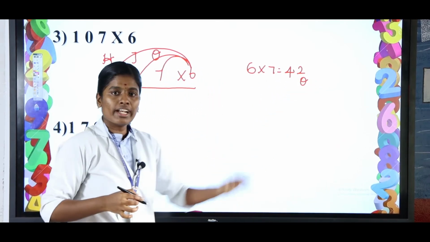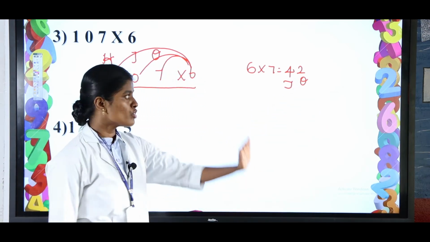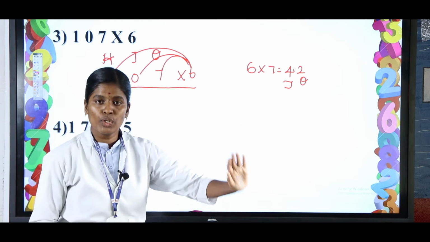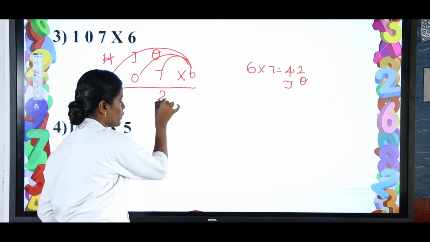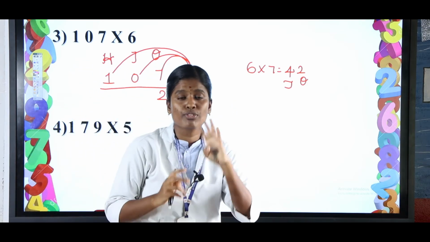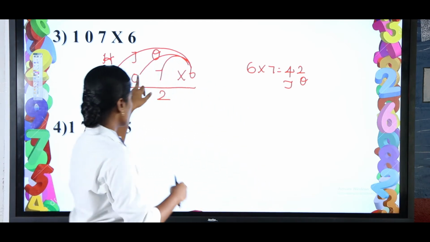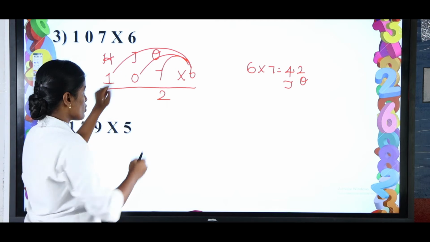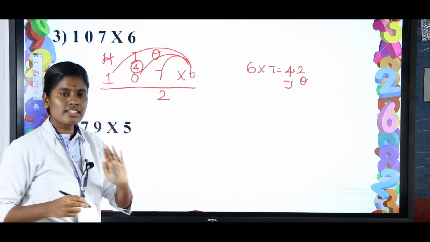So first you should write 2 under the ones column. And the tens place value here is 4, so you should write 4 as a carry. So write here 4.